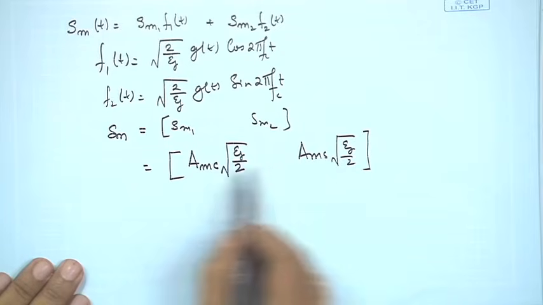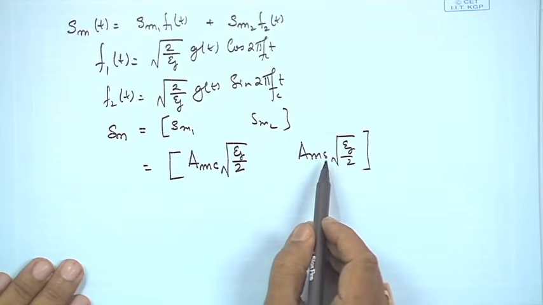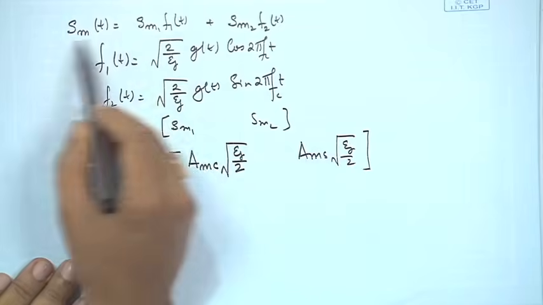So, this way it could be the vector representation, and this is the signal representation.